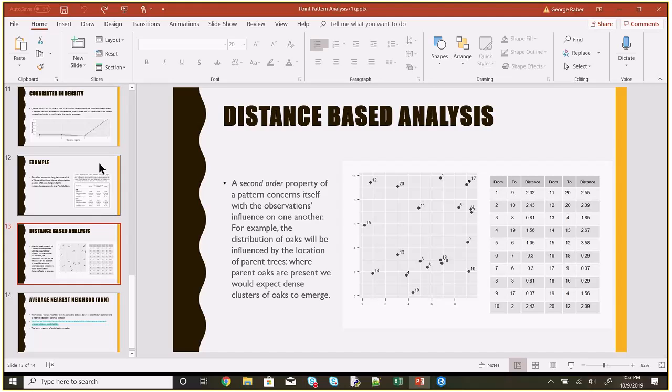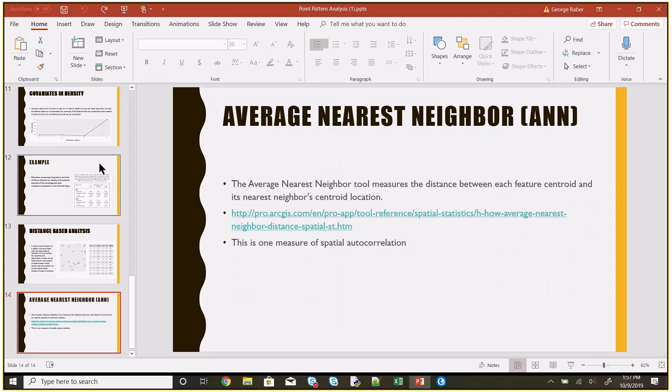So we could come up with the average distance to every other feature. Okay. That's what this is. The average nearest neighbor is one of the first statistics that we're going to talk about, or today we're going to talk about it. The average nearest neighbor tool measures the distance between each feature and its nearest neighbor. And we come up with a number that tells us that.